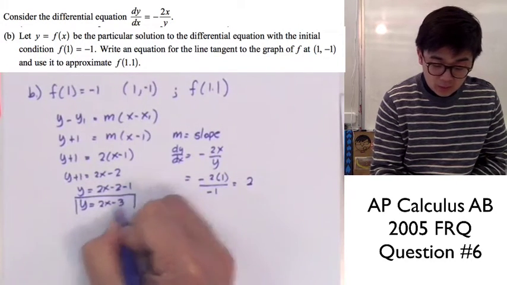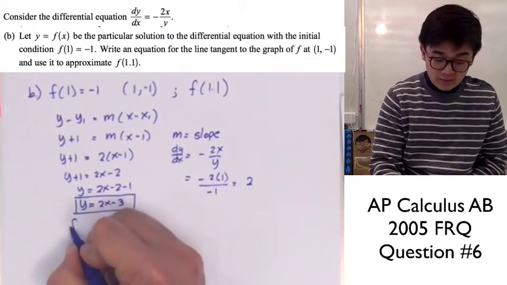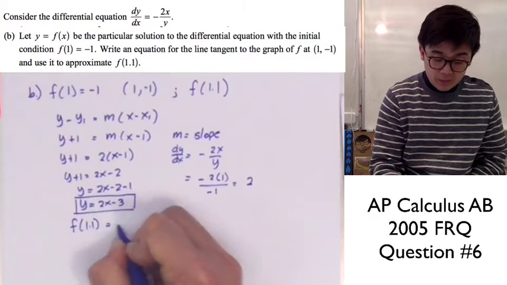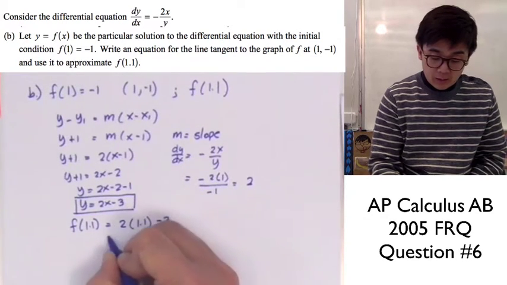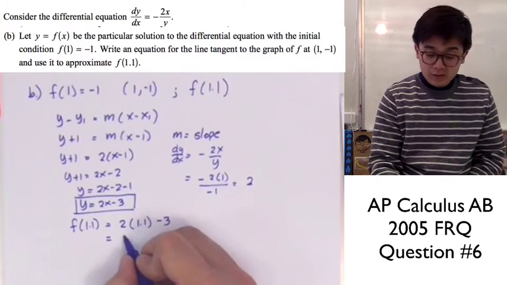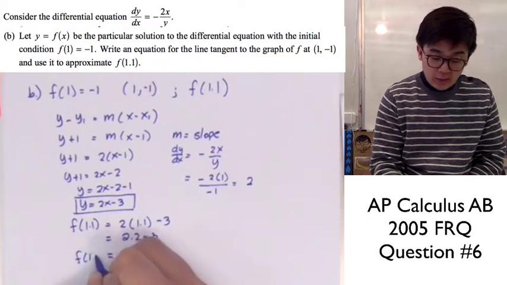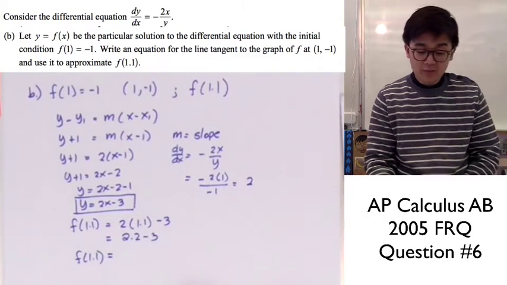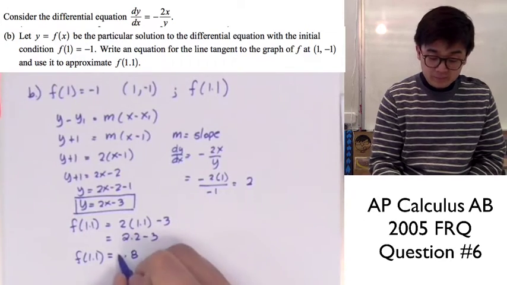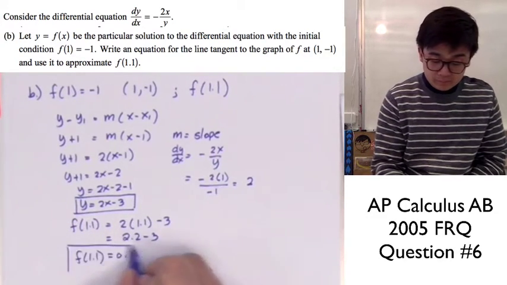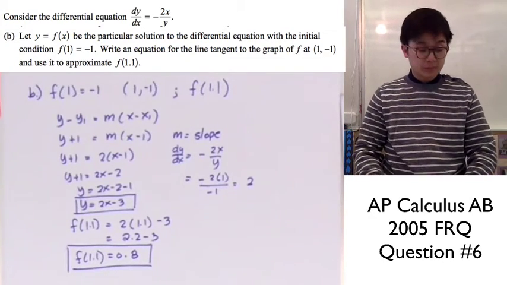So this is our tangent line, and to approximate the value of f of 1.1, we just need to replace x by 1.1, and 2 times 1.1 is 2.2. Subtracting 3, we'll have the approximated value of f of 1.1, which is equal to 0.8. So this is how we answer problem letter B.